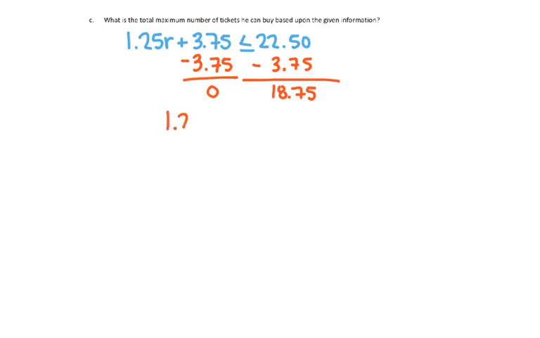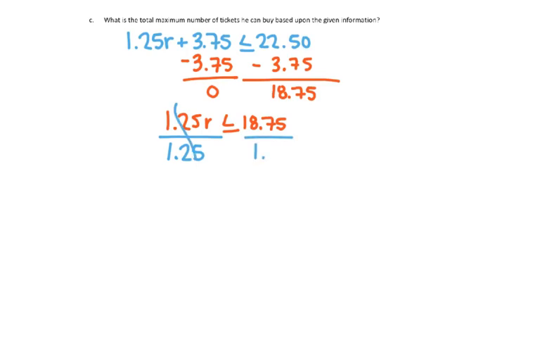So I'm going to rewrite out my inequality now with what I have left. I've got 1.25R is less than or equal to 18.75. Now, remember, when we see a number followed by a letter, it means that that number is being multiplied by that letter. So we need to do the opposite of multiplication, and we need to divide both sides of our inequality by $1.25.